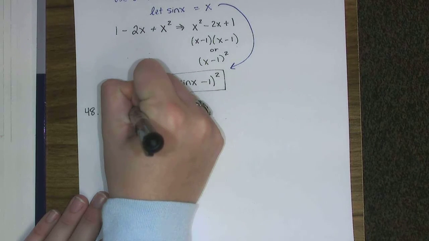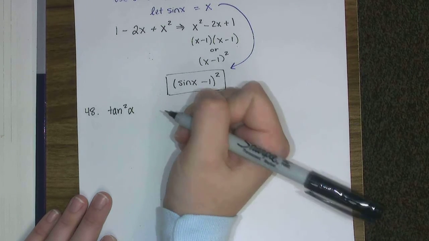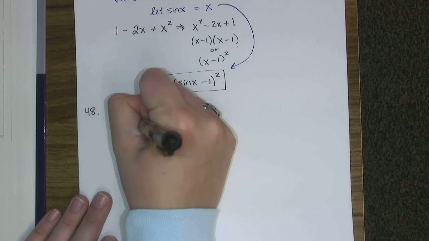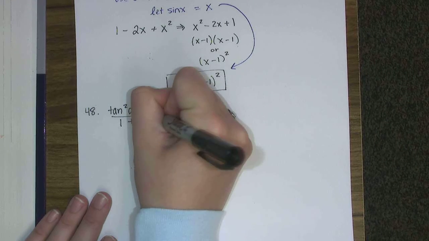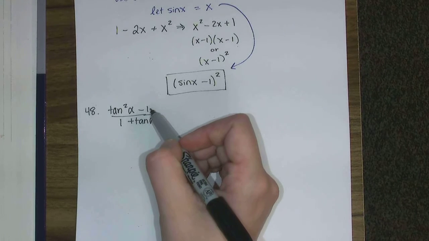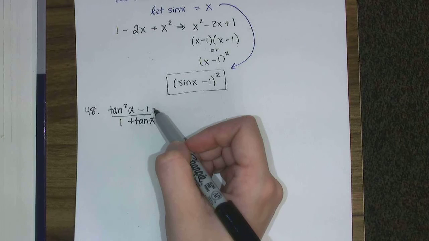When you're looking at these, you have to figure out, can I rewrite something that I already have? The top of this reminds me of a Pythagorean identity, so I need to think back to my identities page. The one that comes to mind is 1 plus tangent squared of theta is equal to secant squared of theta.